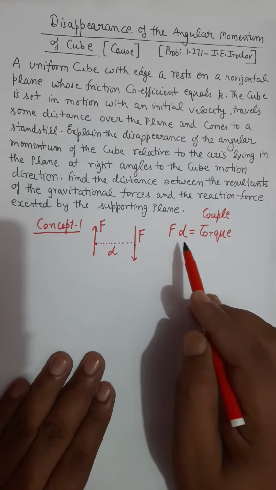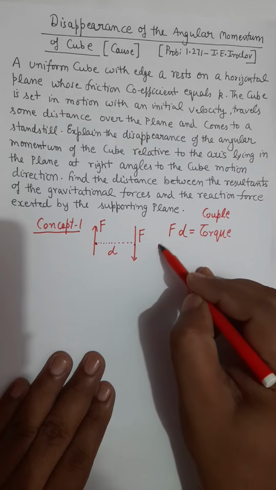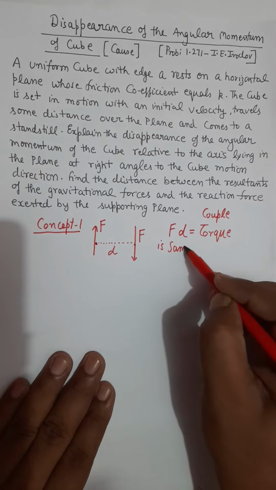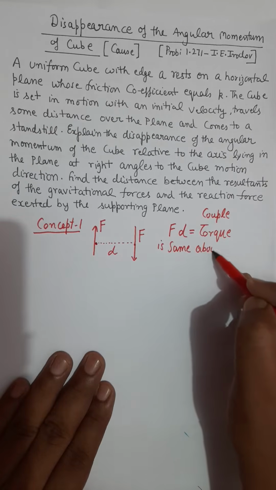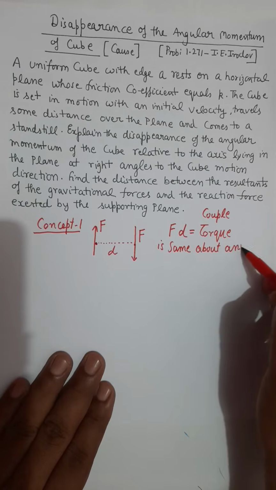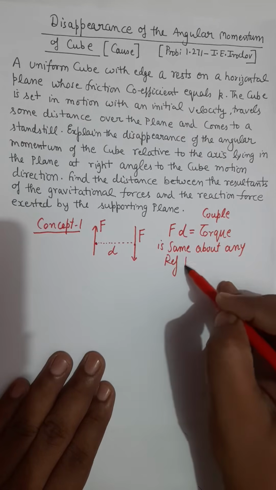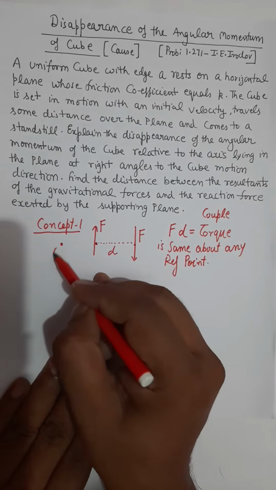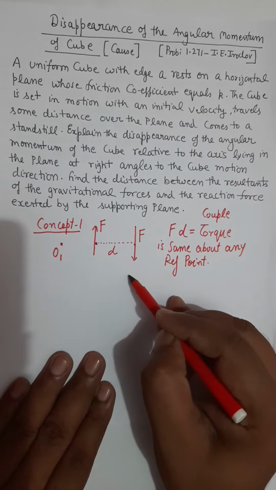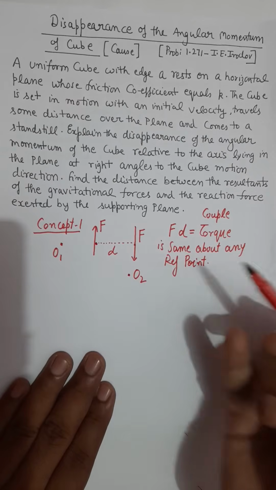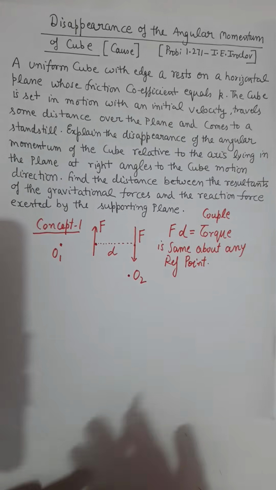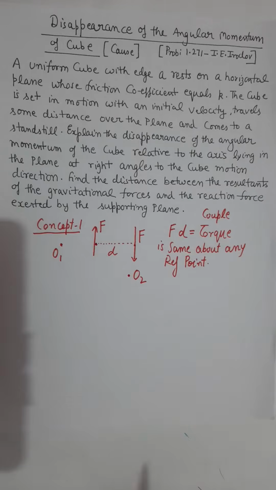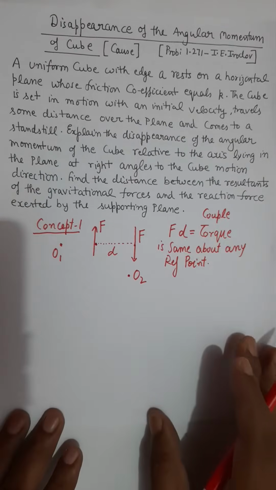What does it mean? That this torque F into d is the same about any reference point. There is no condition on the reference point. You choose reference point O1, you choose another reference point O2, it does not matter. Relative to point O1, relative to point O2, or any other point, you will have the same torque. That is the concept number one for this question.